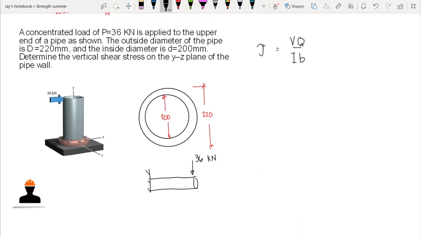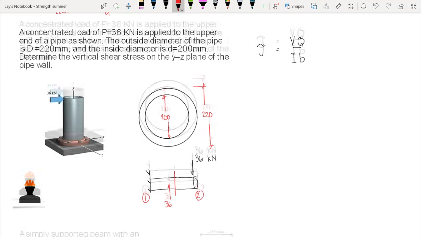Now, we first compute for the internal shear since we have 36 kilonewton acting on the free end. So we can say that the internal shear force on any point from, let's say, point 1 to point 2 is equal to 36 kilonewton acting upward.